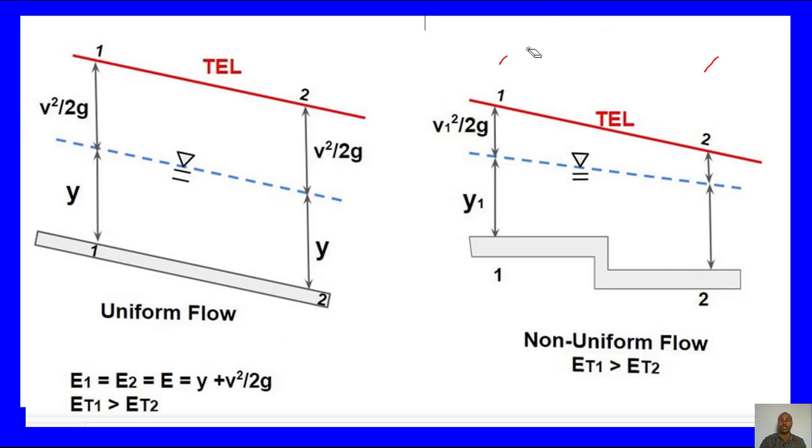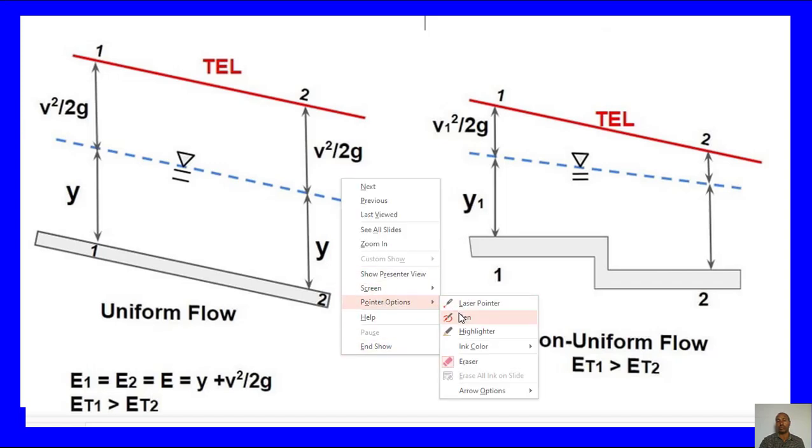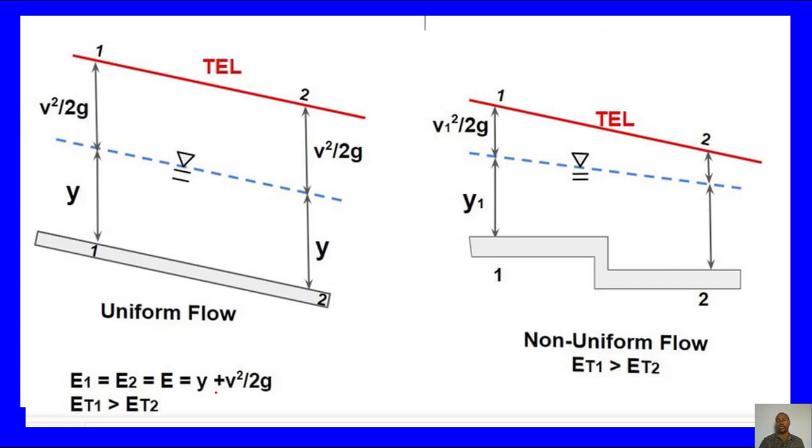For some inclined position with uniform flow, you have specific energy at section 1 equal to specific energy at section 2, which is y plus v square over 2g. Since it is uniform flow, you have the same depths, so E1 equals E2, but total energy will vary.